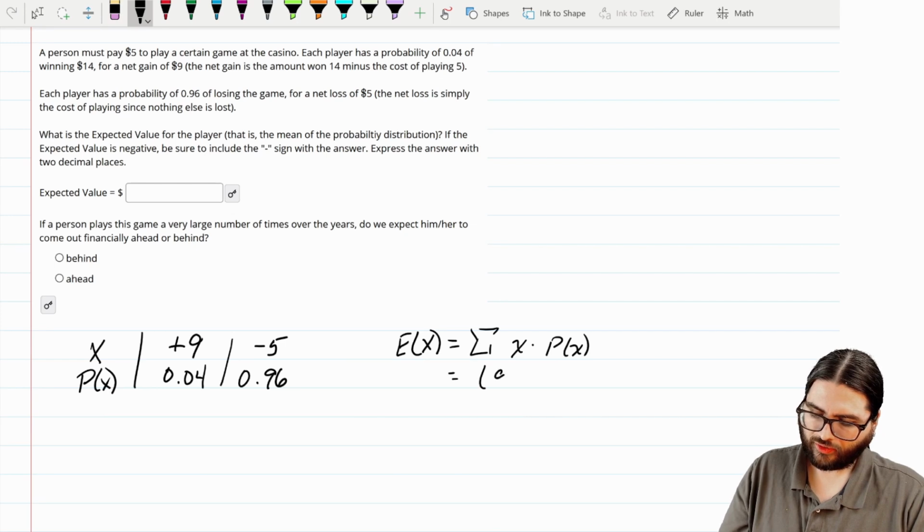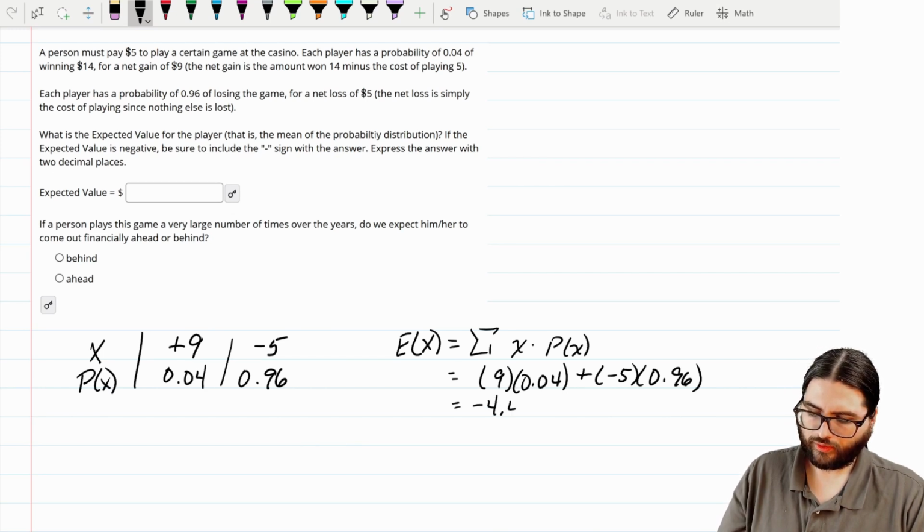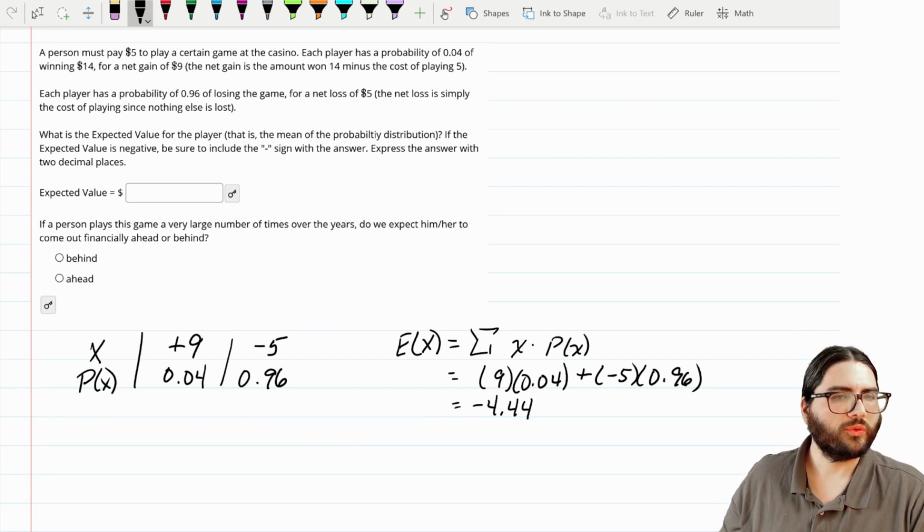In this case, it's not so bad. 9 times 0.04 plus negative 5 times 0.96. I'll type that into my calculator. It shows negative 4.44. I'm going to round that to 2 decimal places since we're talking about money.